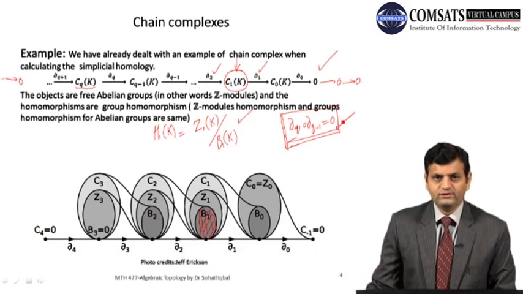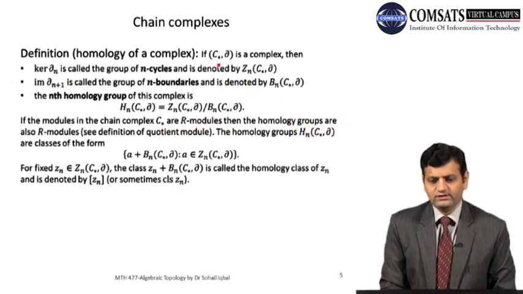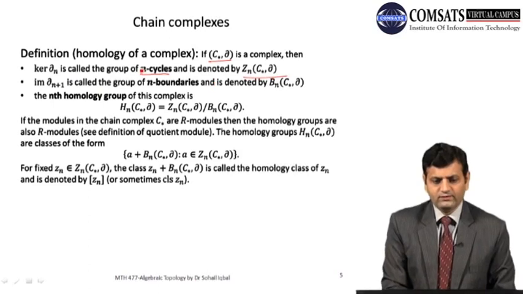So we should be able to define homology for any chain complex, and that's what we are going to do. Consider a chain complex, and in this chain complex, the kernel of partial n is called the group of n cycles, denoted by Zn of C star partial. Why is it called n cycles?